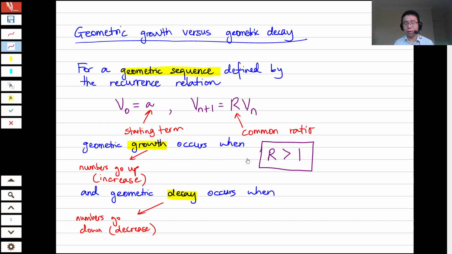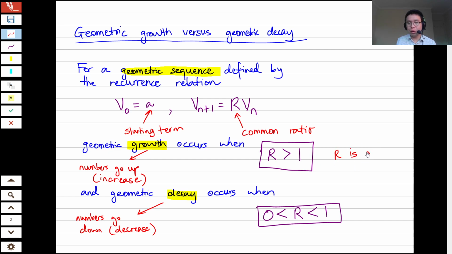So from your experience with maths thus far, you should be familiar with this idea that if I multiply by 1, nothing changes. But if I multiply by a number greater than 1, the number is going to grow. Similarly, if I multiply by a number that is between 0 and 1, what's going to happen is the number is going to get smaller.